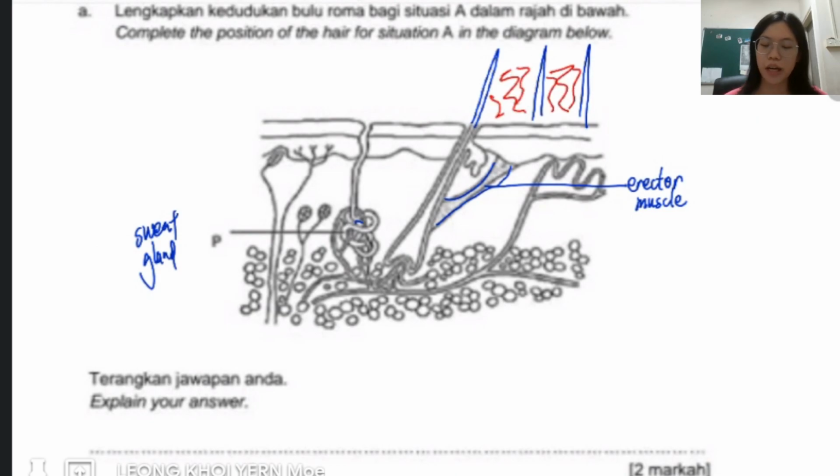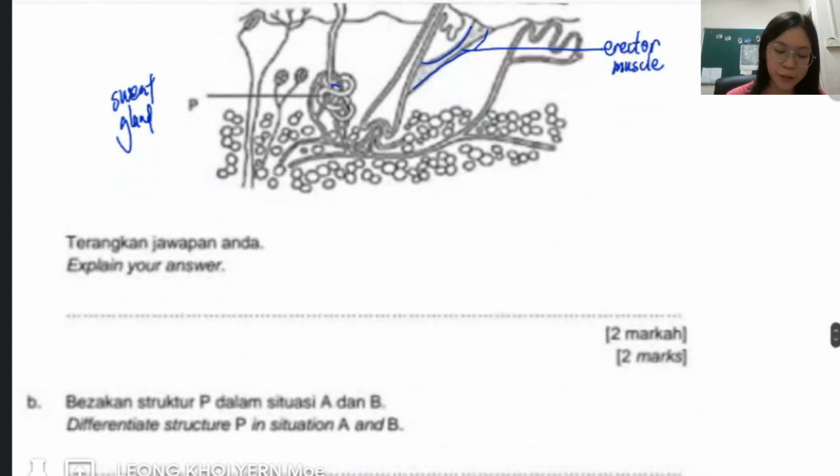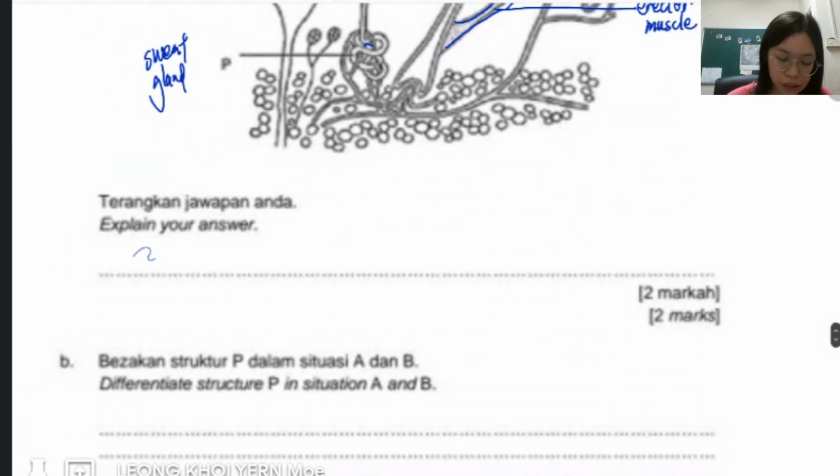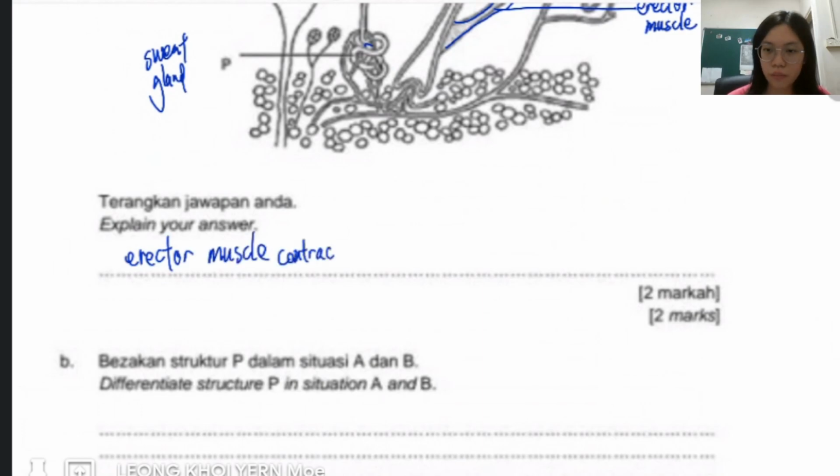When you trap the air, you get insulation, and that is how it insulates your body. So you explain regarding the muscle: erector muscle contracts, thus fine hair stands erect.